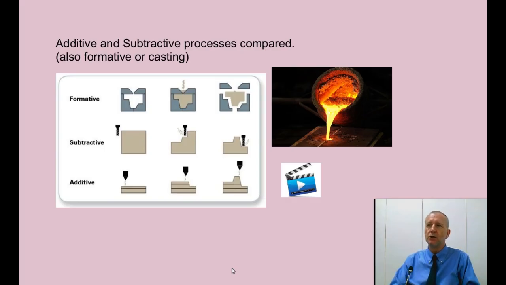So we're going to continue with 3D printing, and another word for 3D printing is additive manufacturing, or additive processes. So we've got the additive and subtractive processes, and we're going to compare them. Now, I had thought about adding a third component to my lecture also, which is molding or casting.